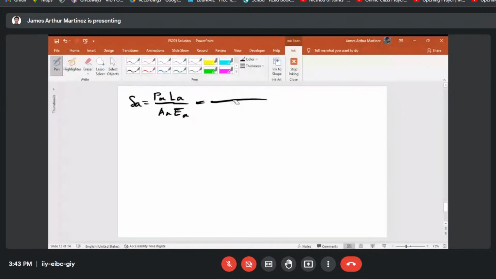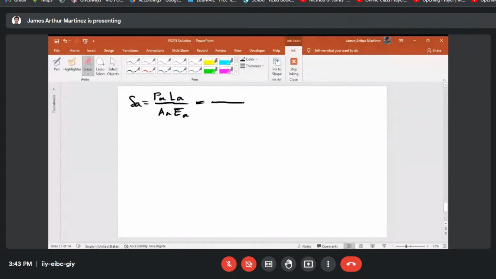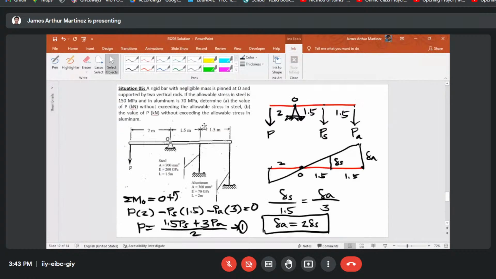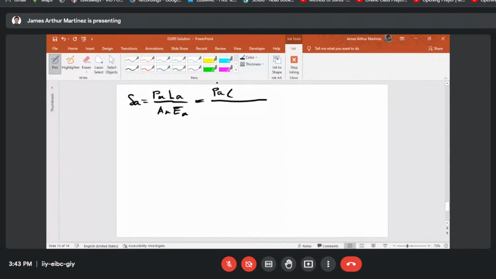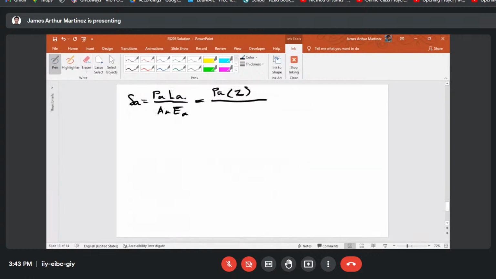So, substituting the data given, PA is unknown. LA, the original length of your aluminum, is 2 meters. So, times 2 over the cross-sectional area of aluminum, which is 300 millimeters squared.